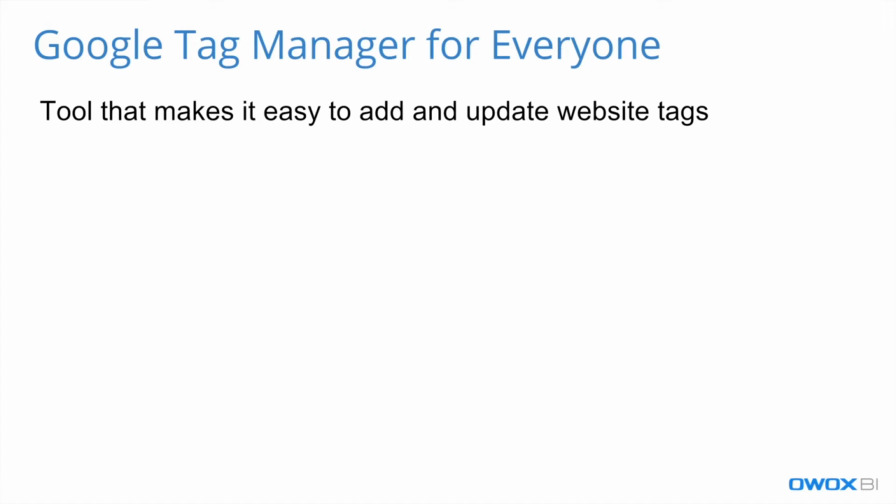So by website tags, it means some services and some code snippets that need to be installed on the website or in the app, and accumulate some parameters with their values to be used then for marketing, for analysis, or for some other purpose, for setting some values for dimensions in GA and so on.